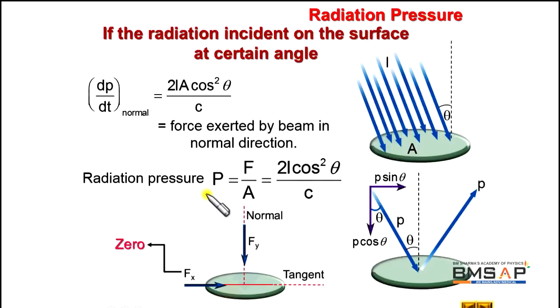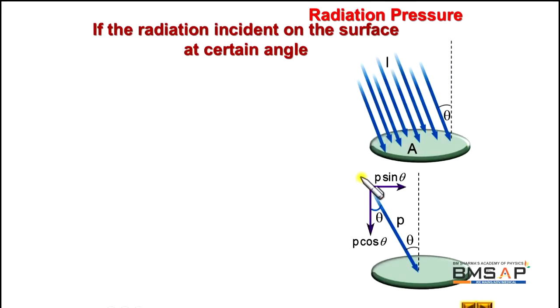Let us analyze what happens when the surface is absorbing. So, let us make the diagrammatical situation again. You can observe here radiation incident at angle theta with the normal, and 100% of the radiation is absorbed by this plate. That means the final linear momentum is equal to 0.